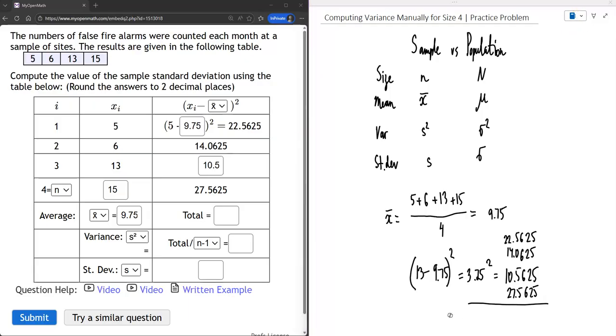Again, I'm going to grab a calculator here on the side to do all this math. 22.5625 plus 14.0625 plus 10.5625 plus 27.5625. And I got the total of 74.75.